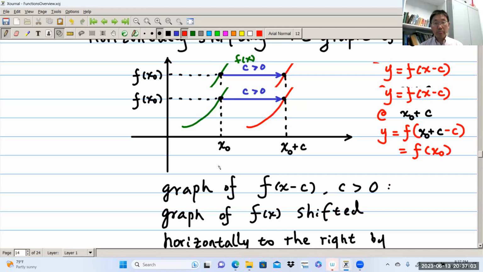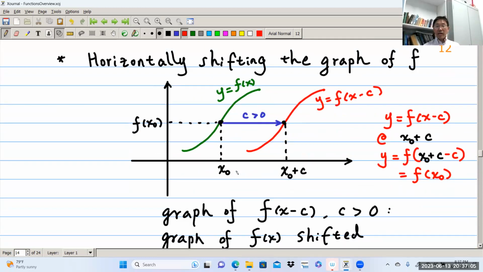So in other words, I have this function y equals f of x minus c. If I use x naught plus c as the input, then what is the value of this function? You replace x by x naught plus c, so we have f of x naught plus c minus c. Then you get f of x naught. So on the green curve, the coordinates are x naught, f of x naught.